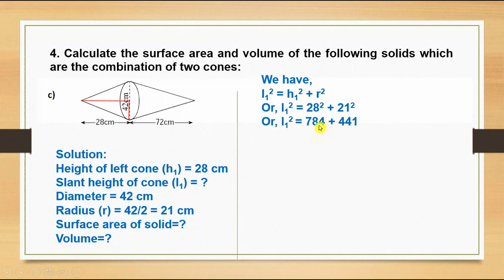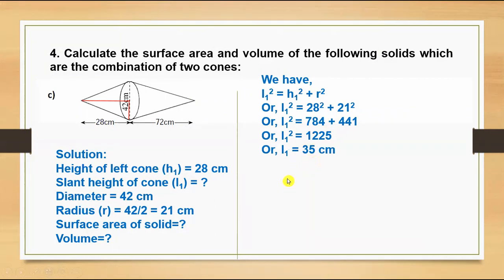Add both values now. 1225. We left l1 as it is. And now find the square root of this 1225. L1 is 35.